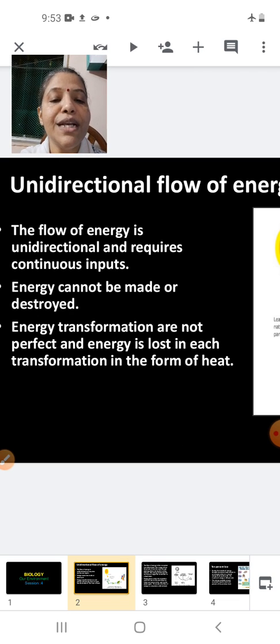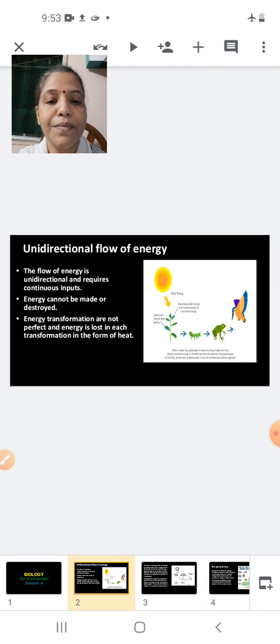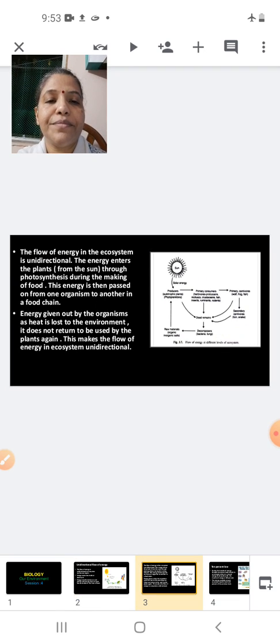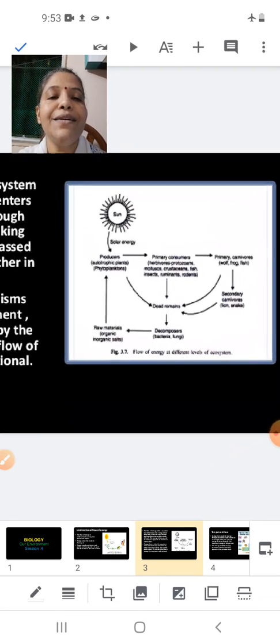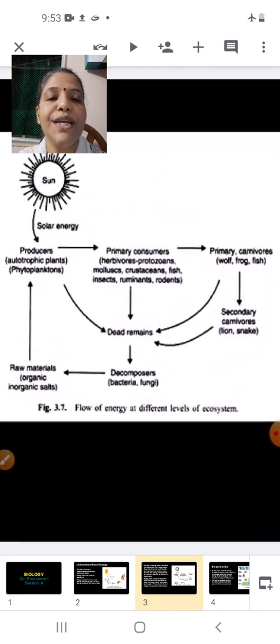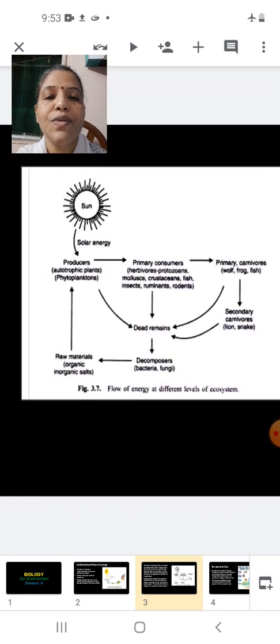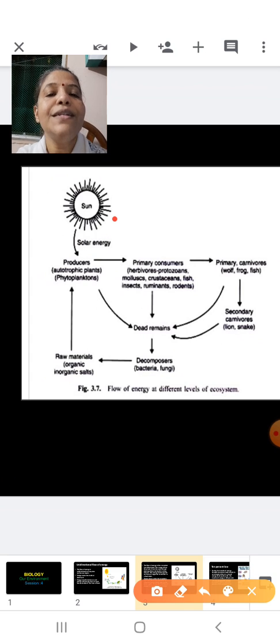So let's come to the next slide now. Here I will just explain this picture again. Here you know that this is the sun. Solar energy is utilized by the producers. The energy is passed on to the primary consumers, then on to the secondary consumers, and then on to the tertiary consumers.